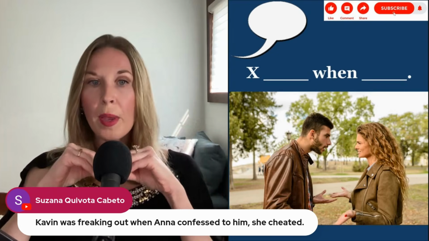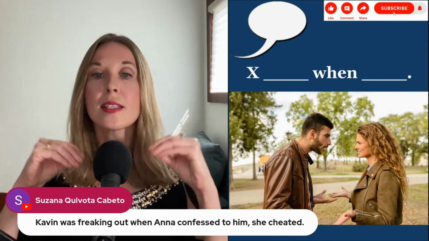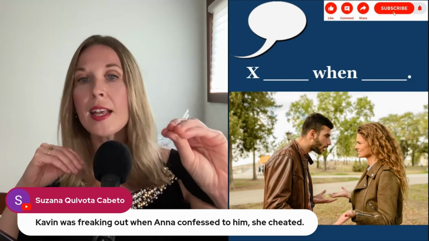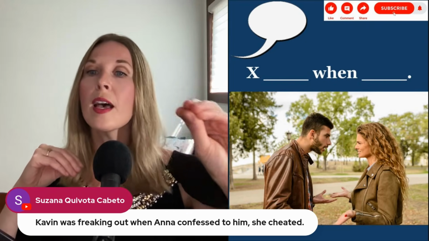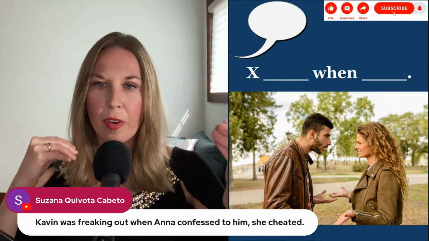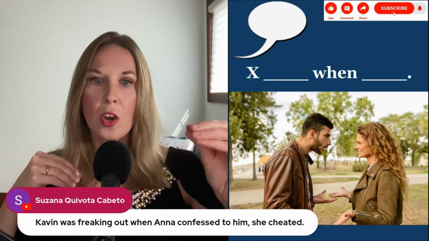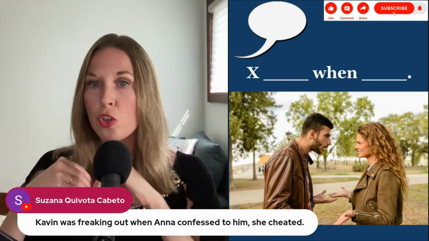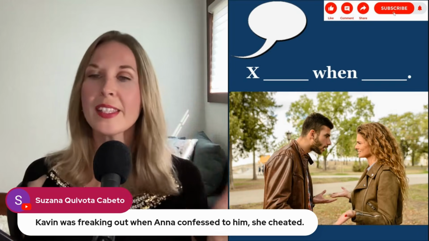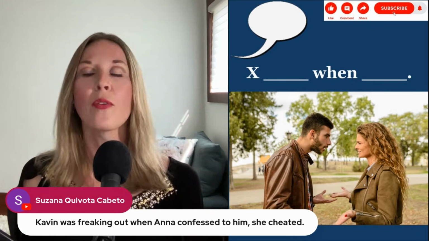When you're in a romantic relationship and someone cheats on someone else, it means that person has a romantic relationship with another person and it isn't allowed, of course. So this person doesn't know. So she confessed. She told him the truth. So it makes sense that he freaked out. Very nice sentence.